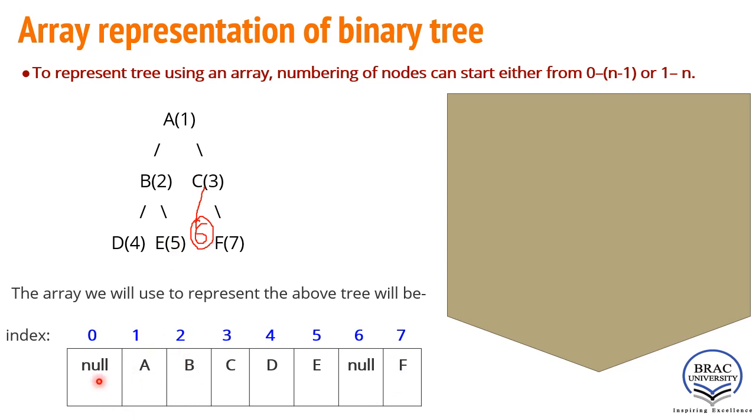So this array data structure will represent this tree, but if you put F here, then F will be in this part, so that will totally change the tree data structure. Okay.